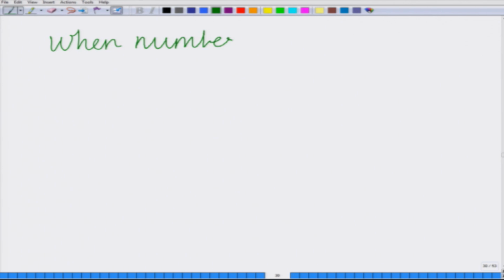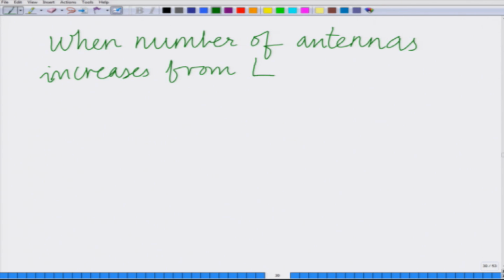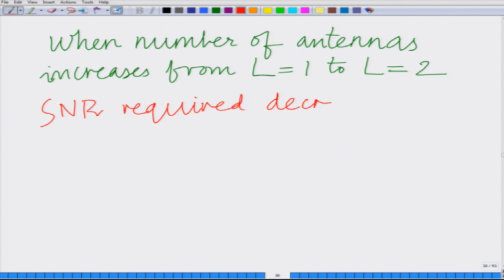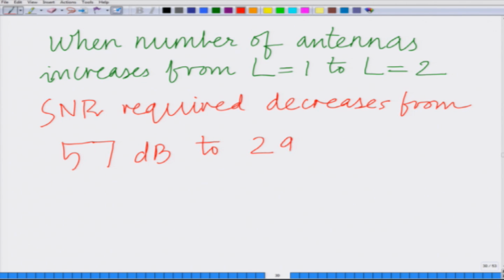when the number of antennas increases from L equal to 1 to L equal to 2, the SNR required decreases from 57 dB to 29.37 dB.